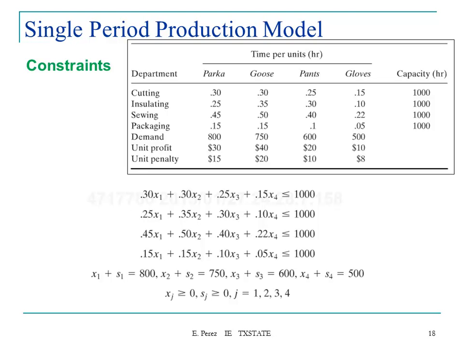So the only way that you can satisfy an equality constraint like this one is by adding another variable that will take the values needed to make this equal to 800. So we have 3 constraints, actually 4 constraints for the demand.